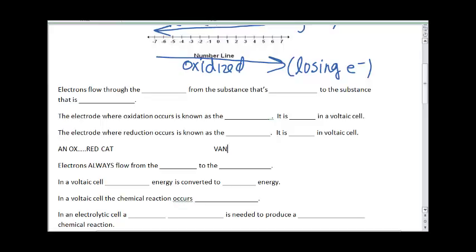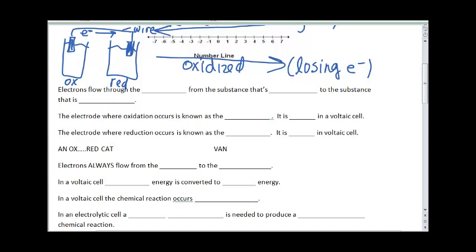If we separate the substance being oxidized from the substance being reduced, we can create a battery, an electrochemical cell, which contains a wire. Electrons will move through the wire from the loser to the gainer. The guy that's getting reduced attracts them and pulls them through the wire.